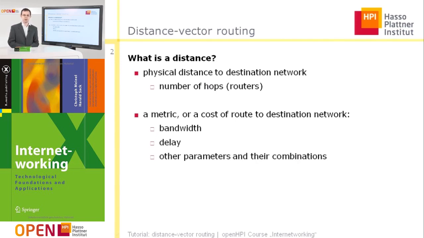Such a metric could be a bandwidth to the destination network, or delay of the packets sent to this network, or other parameters, including again the number of hops or their combinations, like number of hops with bandwidth, with delay, and with some other parameters again.